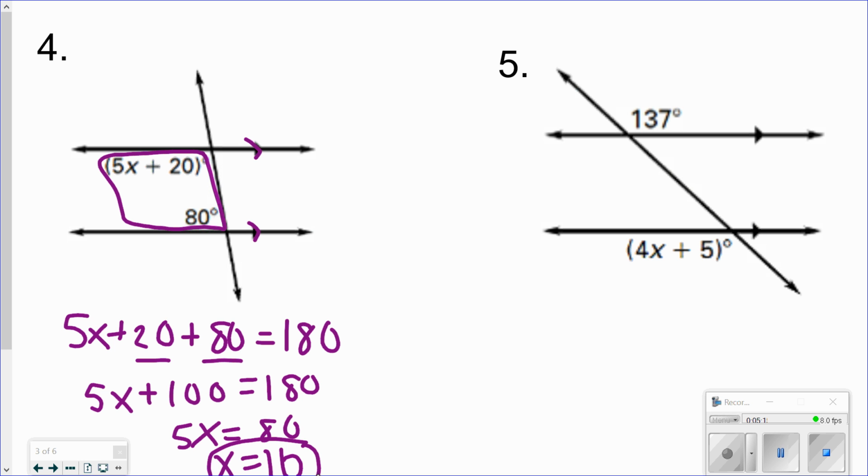Number 5 here. All right, I see I have parallel lines, so I need to solve for x. Well, what type of angle pair is this here? They are alternate exterior angles, and we know that if those lines are parallel, then our alternate exterior angles are congruent. So I'm just going to set these two equations equal to each other.